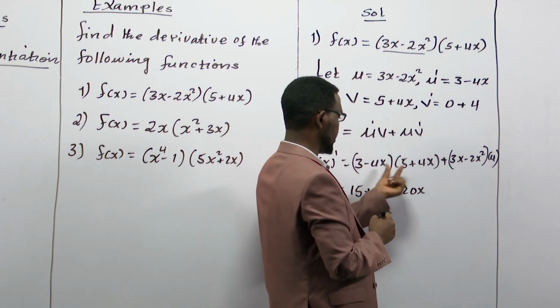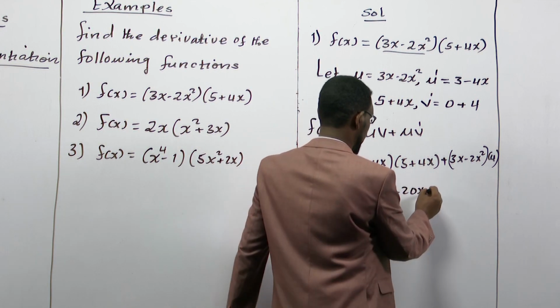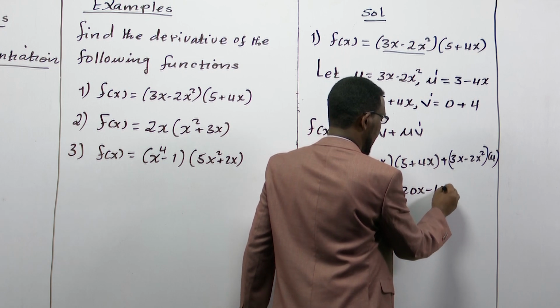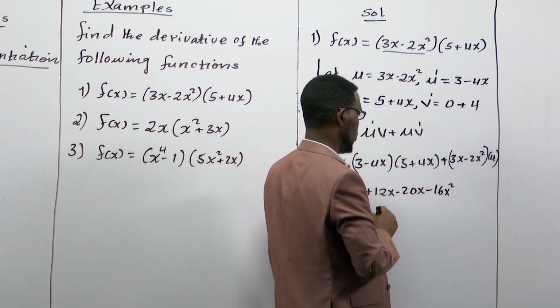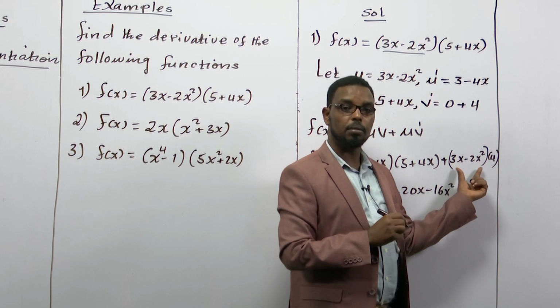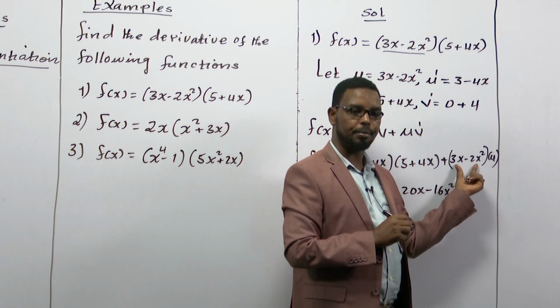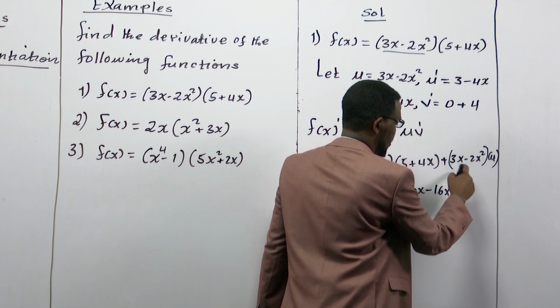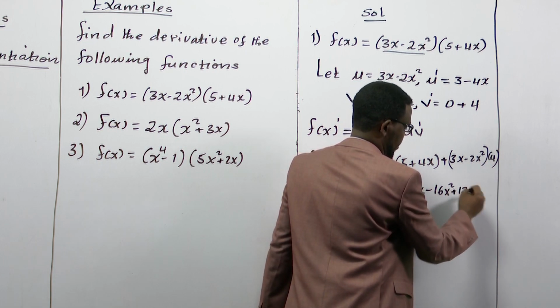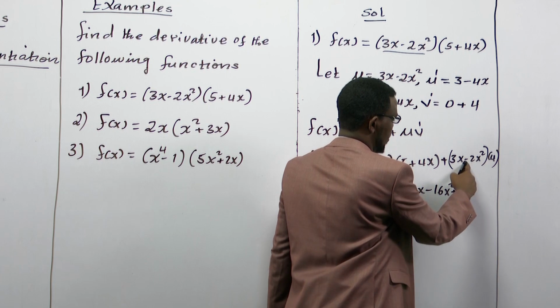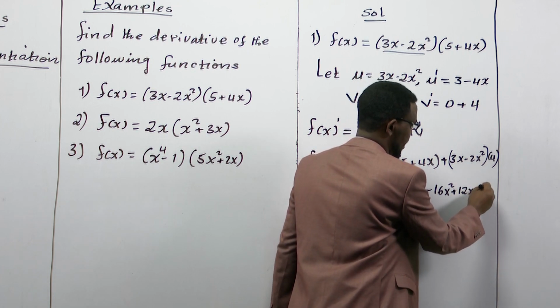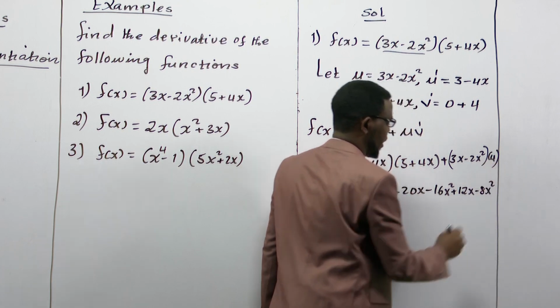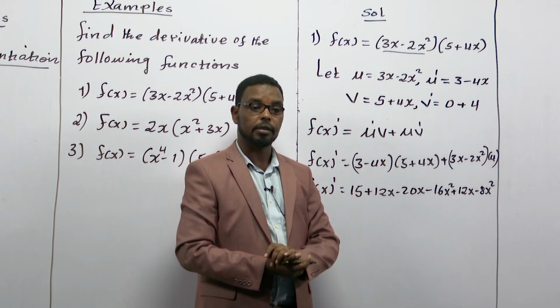Minus 4x times 4x is minus 16x squared. Come to this one, multiply all those terms: 4 times 3, 12x. 4 times minus 2x squared, minus 8x squared. We have this expression.